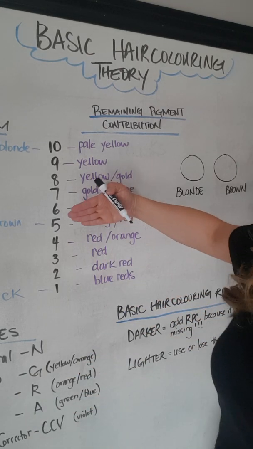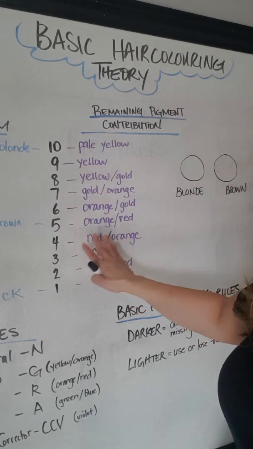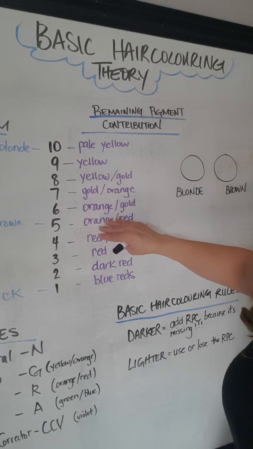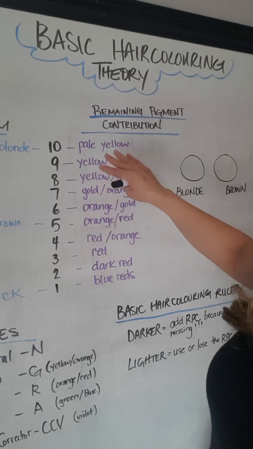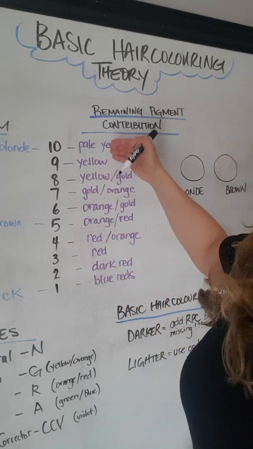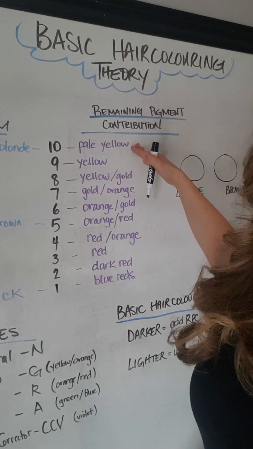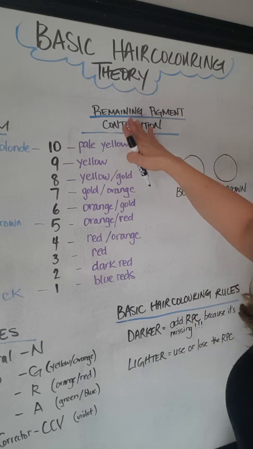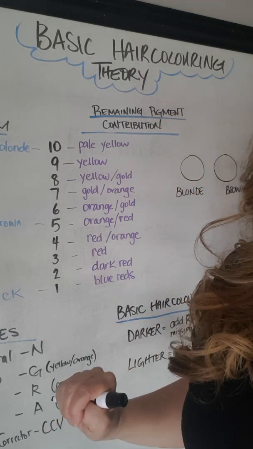So you can see I've sectioned off between 4 and 1, and that's what's going to be identified, okay? As we lighten even further, oranges and golds and yellows will be represented, and then the lightest blonde would be like a pale yellow that gets represented in the remaining pigment contribution.